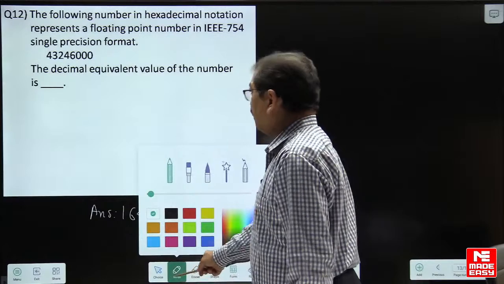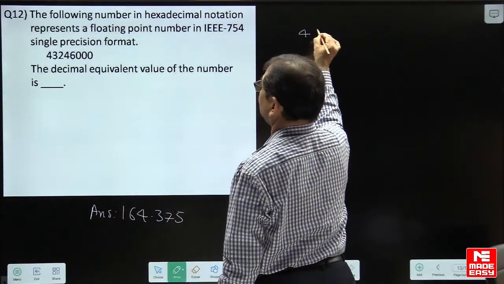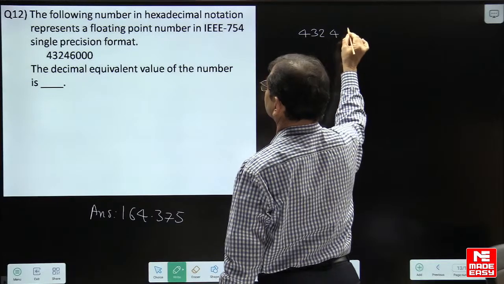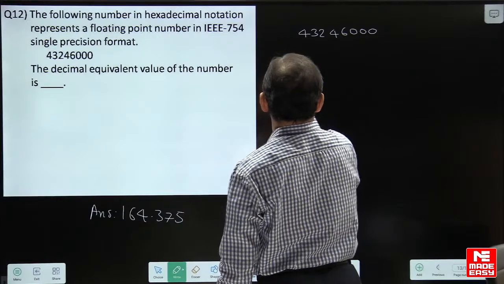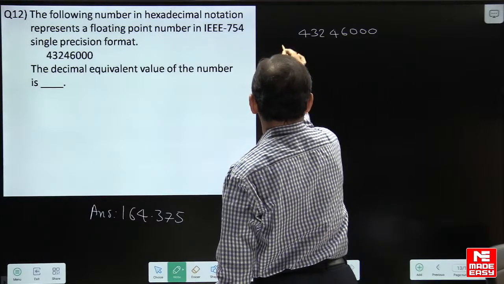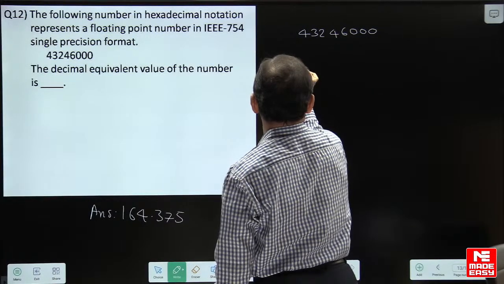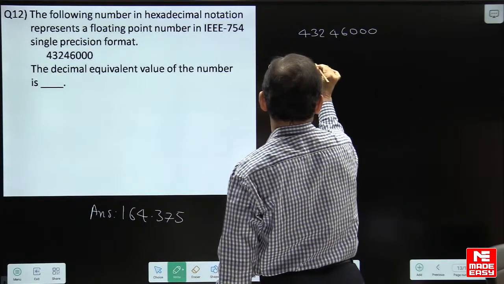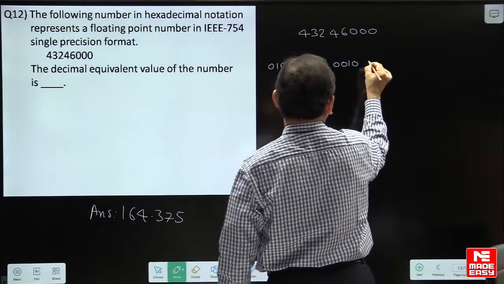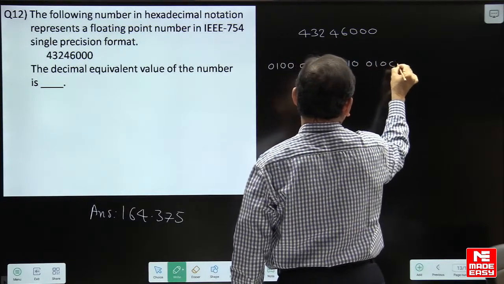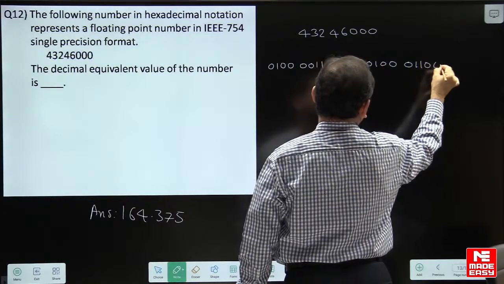So let me work it out here. It is in the hexadecimal form: 4, 3, 2, 4, 6, 0, 0, 0. Let me write it in the binary format: 0100 0011 0010 0100 0110 0000 0000 0000, right?